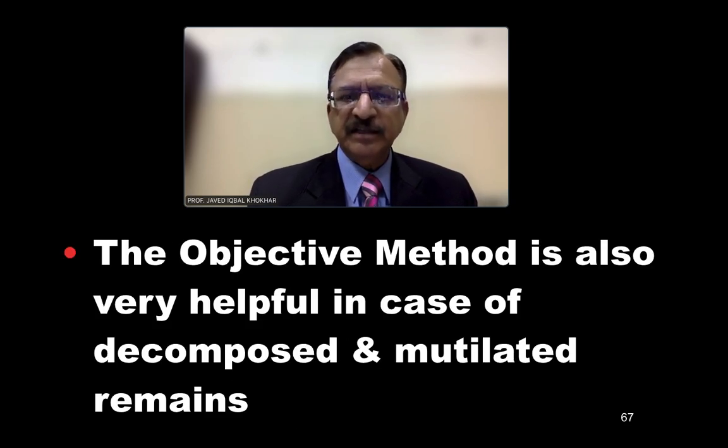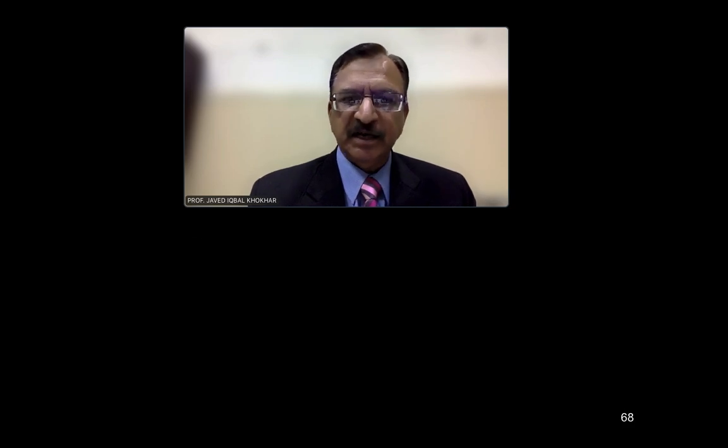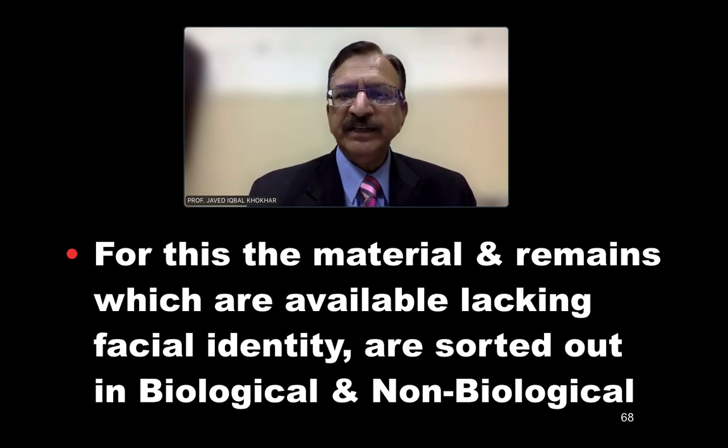The objective method is also very helpful in decomposed and mutilated remains, because when the third party and the subjective method are not available, then the objective method is helpful. And for this, the material and remains which are available when we lack the facial identity are sorted out.